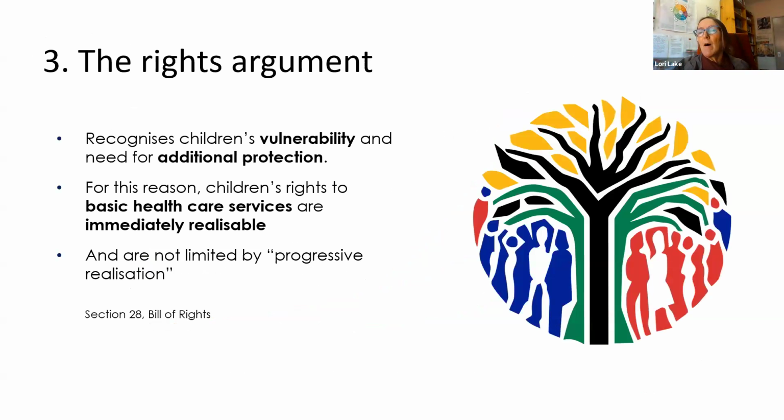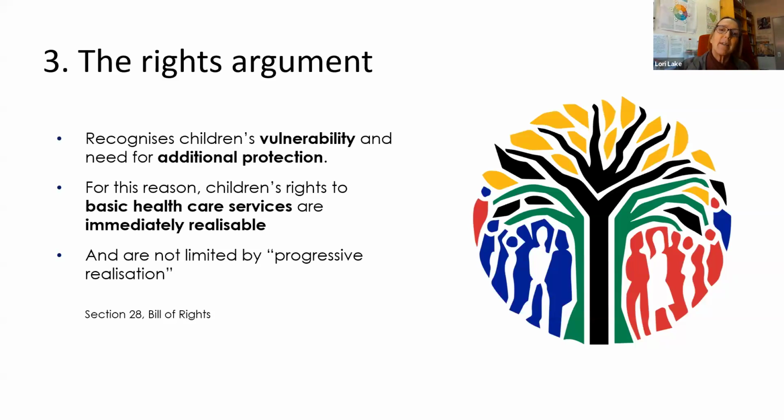Then there are a string of rights-based arguments. If we look at Section 28 of our Constitution, it recognizes that children are particularly vulnerable. They're dependent on adults for care and protection. And for this reason, children's rights to basic healthcare services are immediately realizable, unlike adults' rights of access to healthcare.